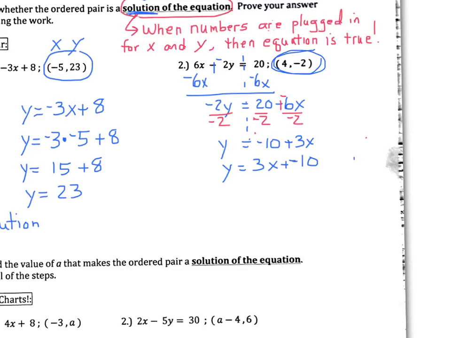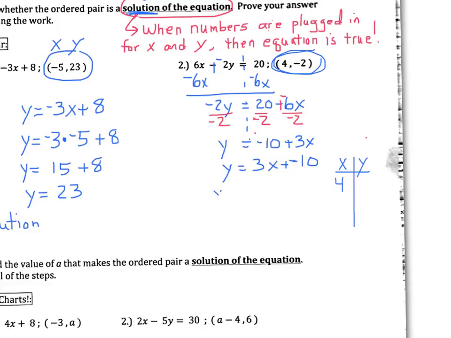Let's make our little XY table. Remember, x comes first, so 4 is the x because it comes first. And we're going to test it and see if this truly works. See if we get -2. So take the 4 and put it right in there.